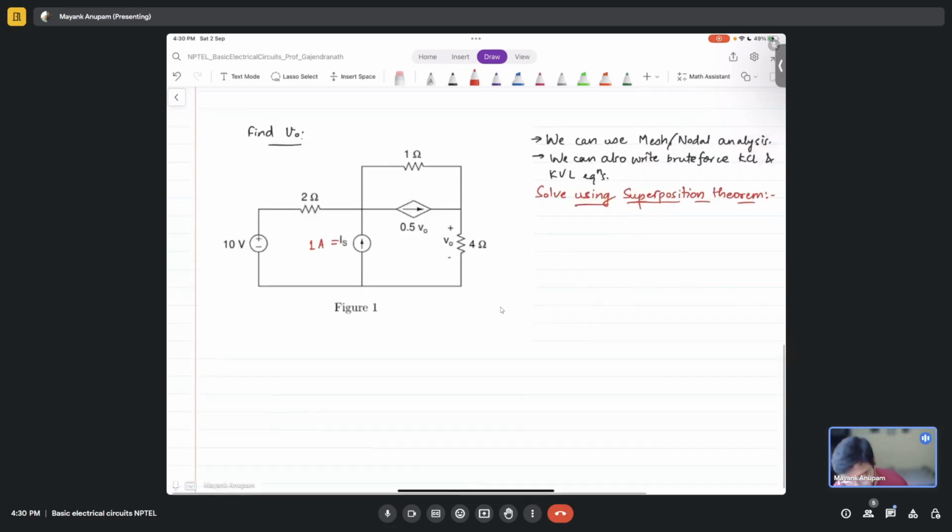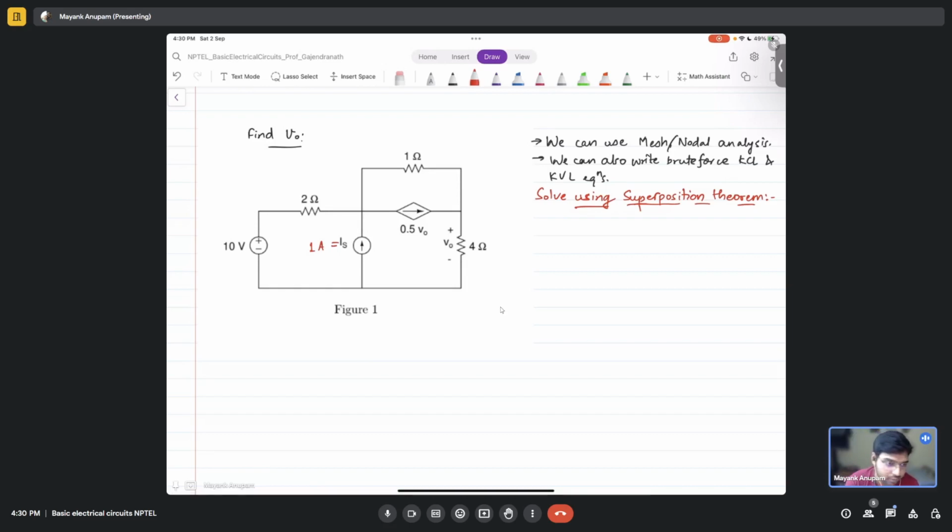If a linear network is excited by a lot of independent sources and you want to find its response, you find the response of the network due to individual independent sources, which are activated one at a time, and then sum them all up, right?